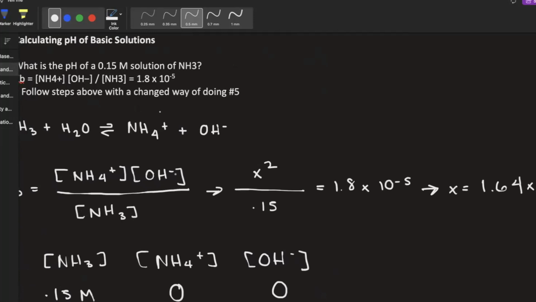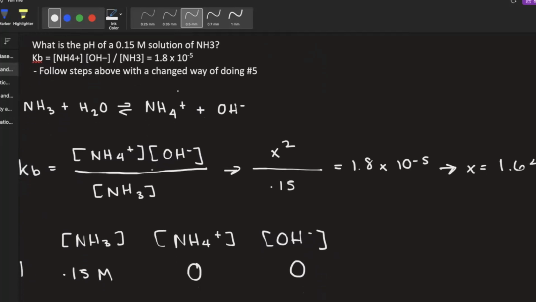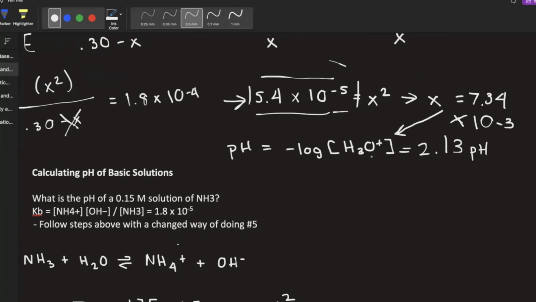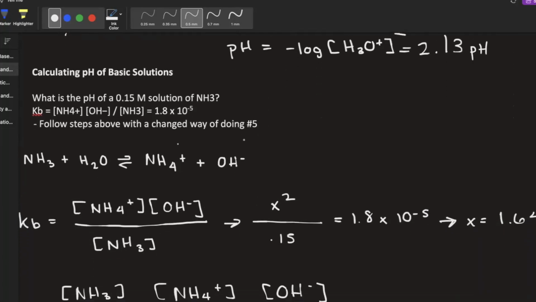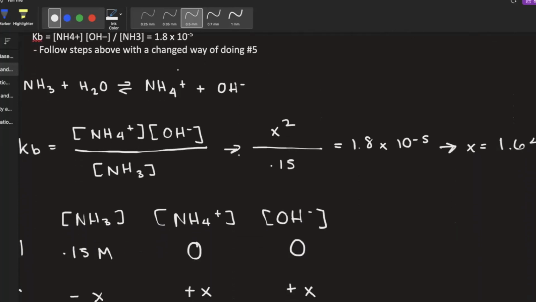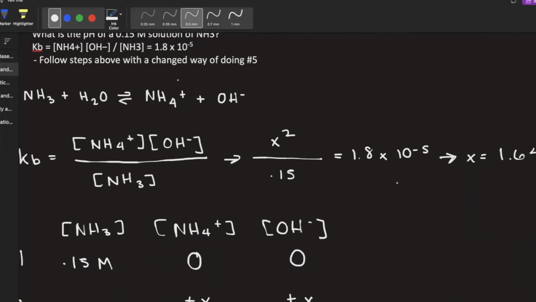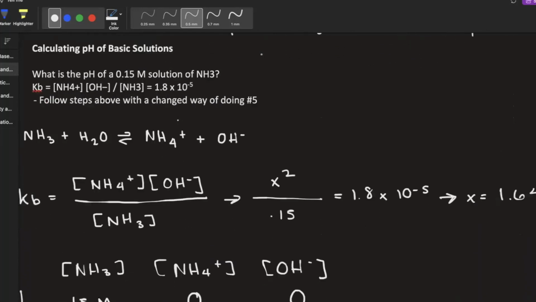Now, remember that we want to find the pH, but we have no H3O plus, which is used to find pH. So how can we find pH if what we have is OH negative? First, we're going to find the pOH. pOH is found very similarly to this equation right here.